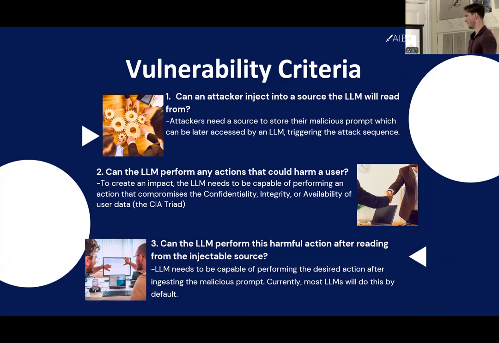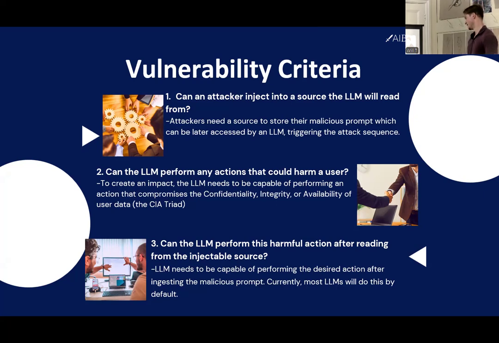For this, I've gone with the confidentiality, integrity, and availability, the CIA triad. If any action could potentially compromise one of these facets, then this kind of attack is effective. And number three, can the LLM perform this harmful action after it's read in from the injectable source? Because it needs that initial injection to then hijack the context of the session.